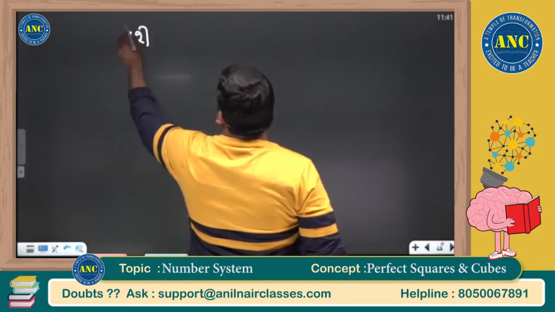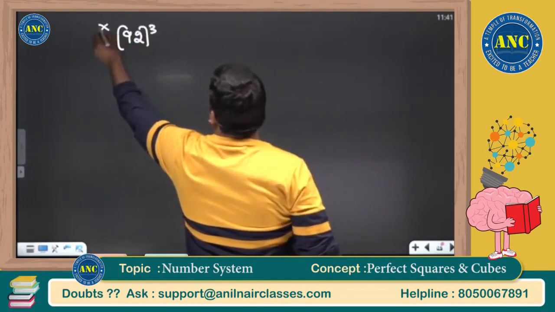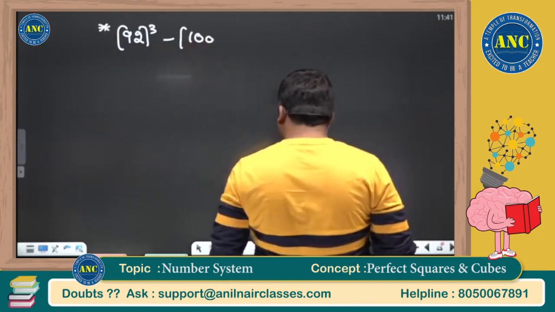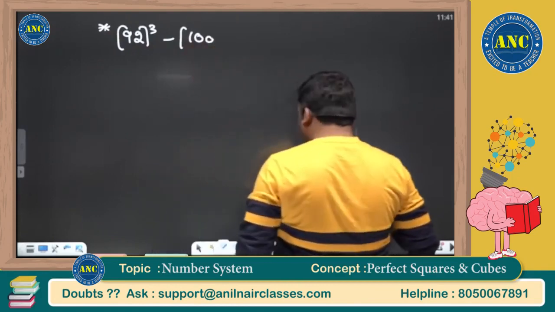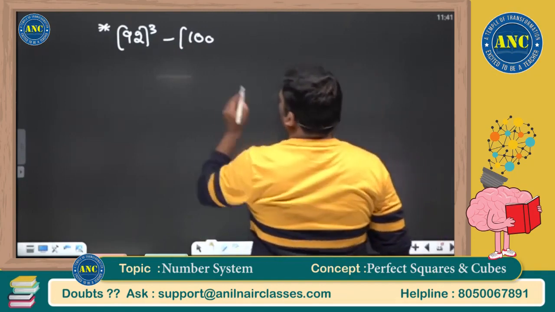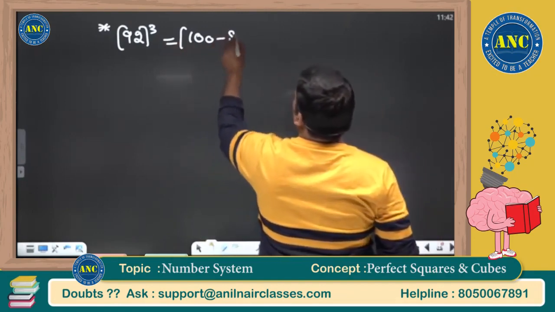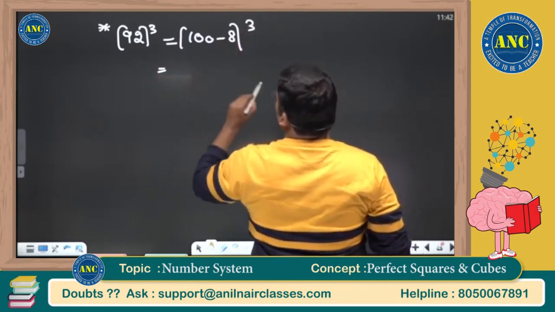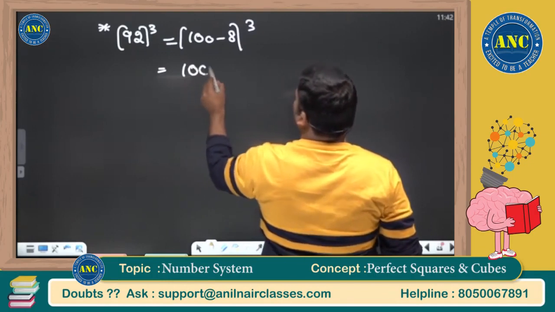92 whole cube. Please put a star mark on this doubt. 92 is nothing but 100 minus 8 whole cube, which is nothing but b plus 3x, where b is 100.